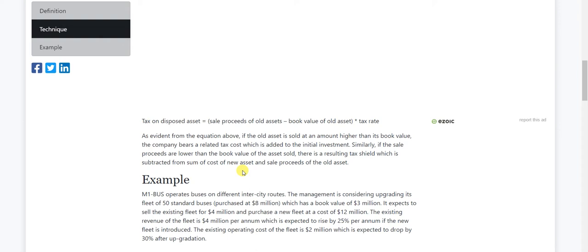As evident from the equation above, if the old asset is sold at an amount higher than its book value, the company bears a related tax cost which is added to the initial investment.